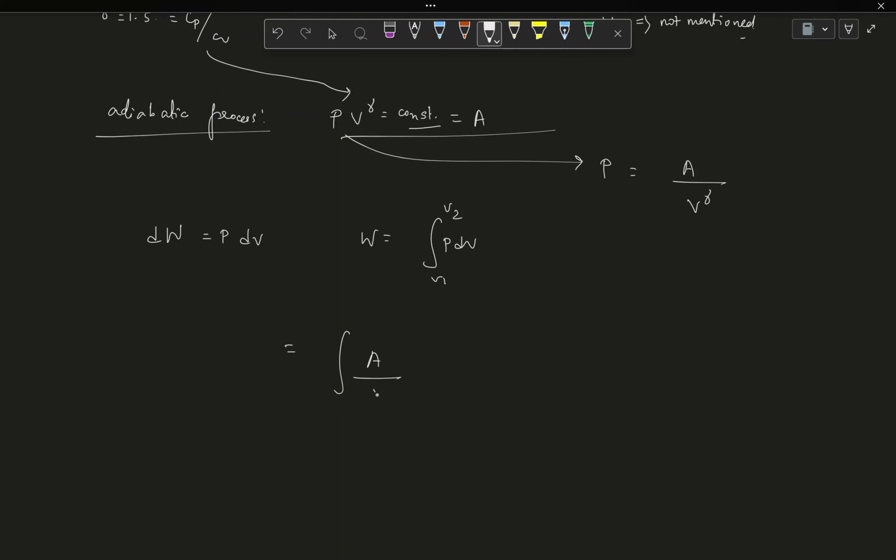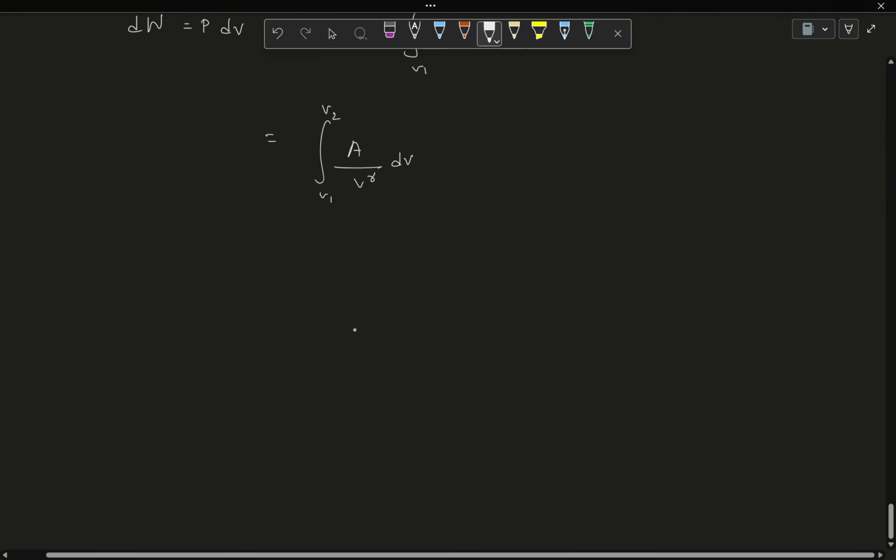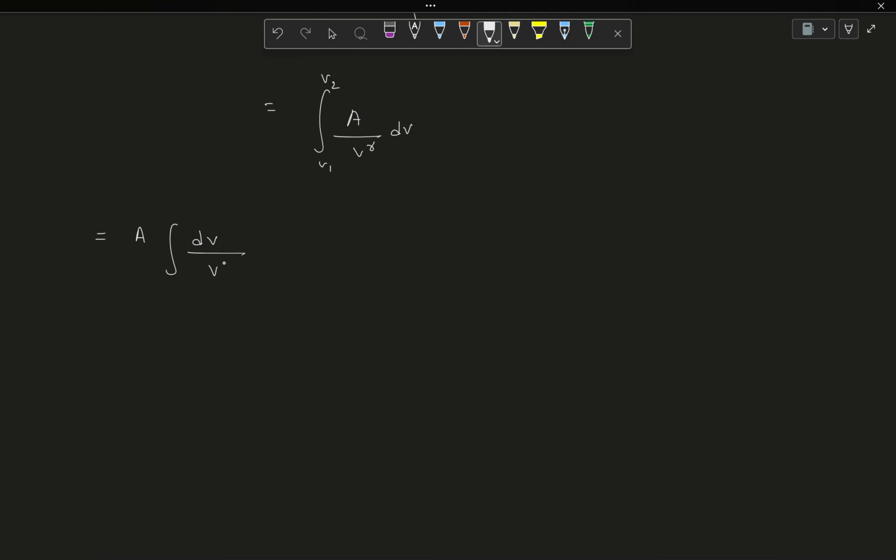So this is the integral of A by V to the power gamma dV from V1 to V2. Because A is a constant, let us take it outside the integral and integrate only dV by V to the power gamma. The integral gives V to the power minus gamma plus 1, divided by minus gamma plus 1, from V1 to V2.